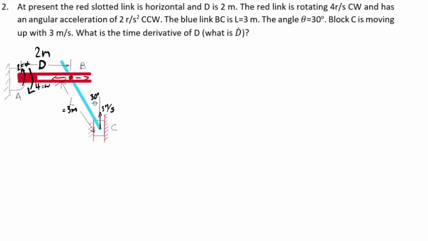So it can either be going towards A, into the slot, or it can be going away from A and then out of the slot. And our job is to figure out d dot, or just the relative velocity of A and B for this case, because that d distance measures the distance between A and B.